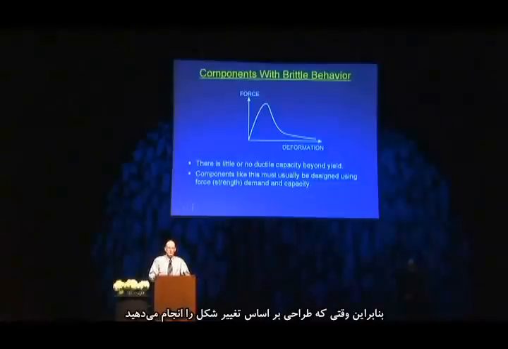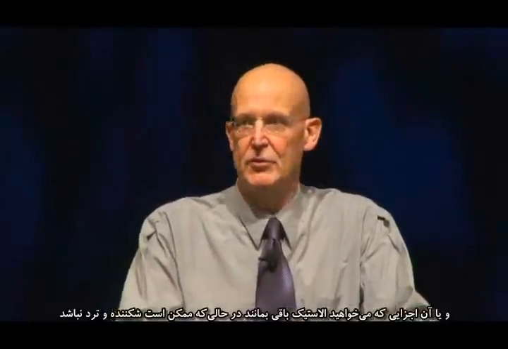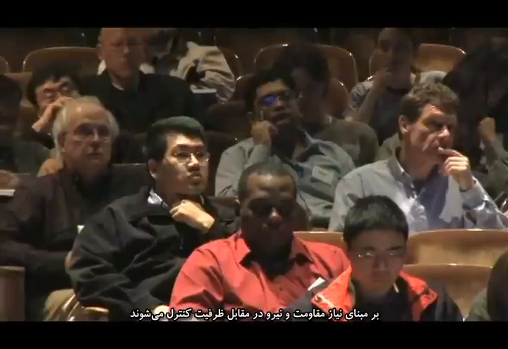So when you do deformation-based design, some components, the ductile ones, are going to be checked based on ductility, on deformation demand capacity ratio. Some other components, the brittle ones, or the ones that you decide will remain elastic even though they may not be brittle, those would be checked based on strength or force demand versus capacity.